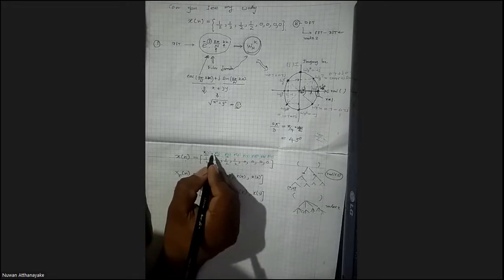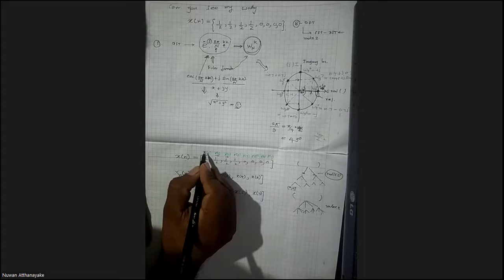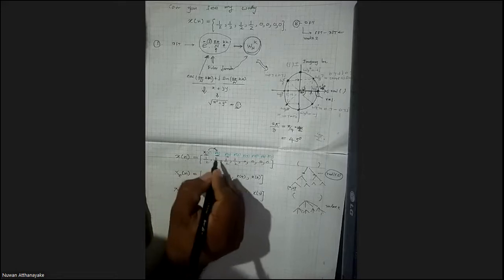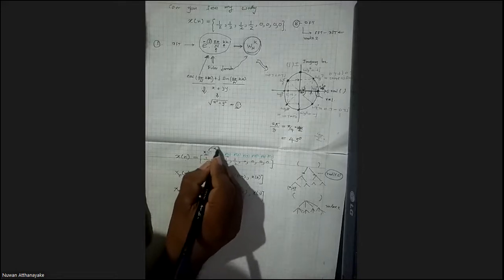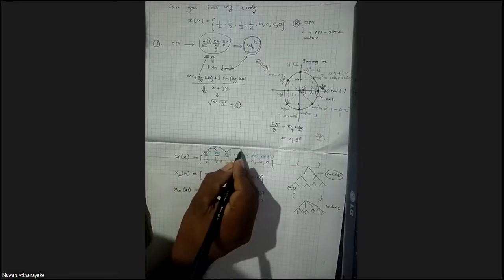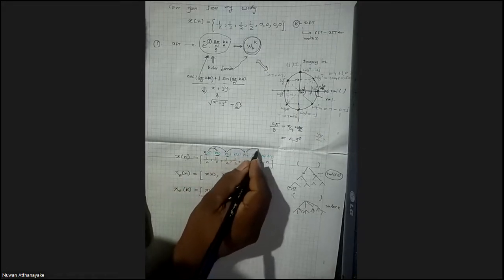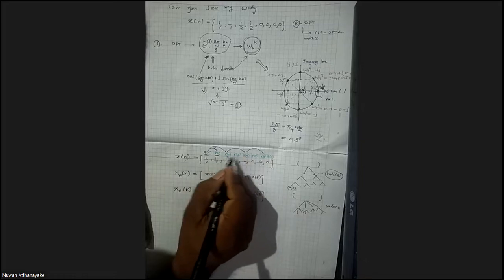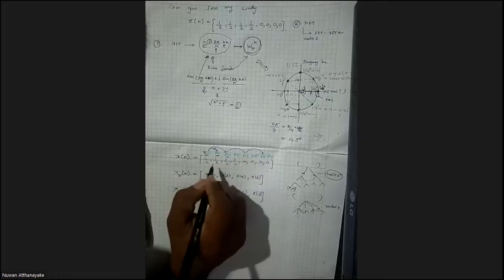You can't select this one with this one; that is wrong. You have to select this one with this one, and this one with this one. You have to always jump one.